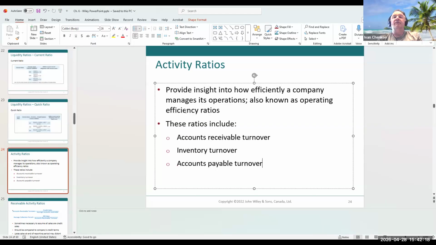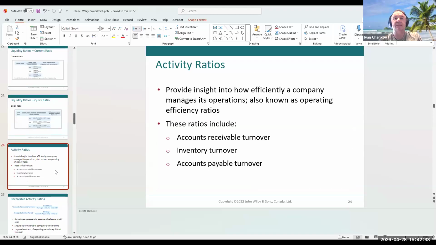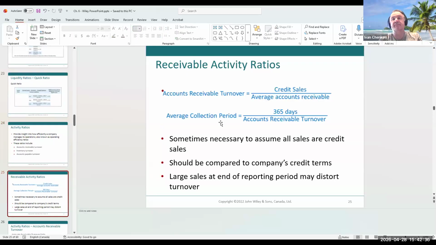That will give us an idea of how efficiently the company managed the operation. We're going to have accounts receivable turnover, inventory turnover, and accounts payable turnover. Let's see the first one, receivable turnover.